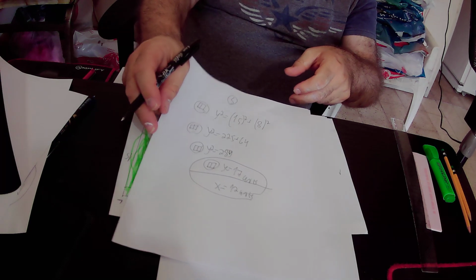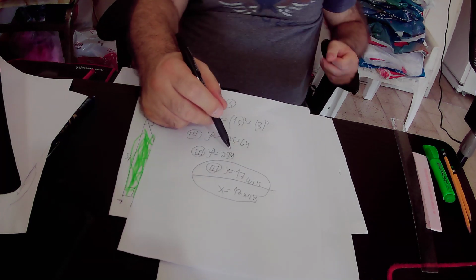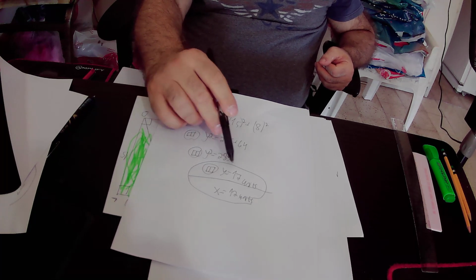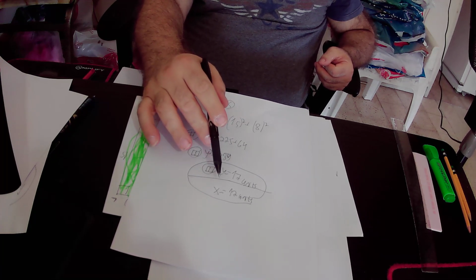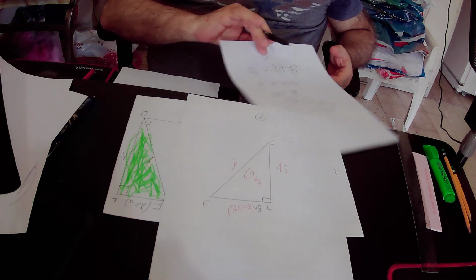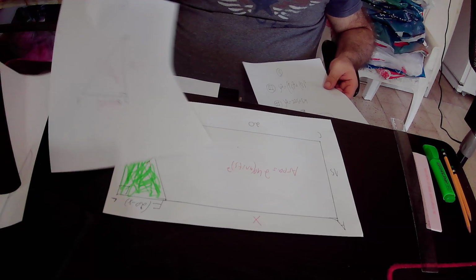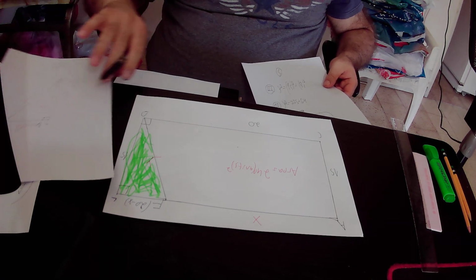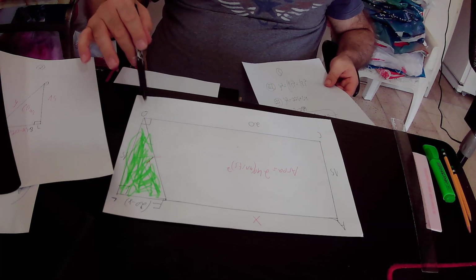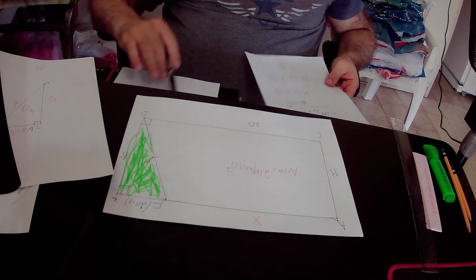So the square root of 289 equals 17. So y equals 17 units, and we have already found out that x equals 12 units. So the answer to our question is that the value of x is 12 units and the value of y is 17 units.